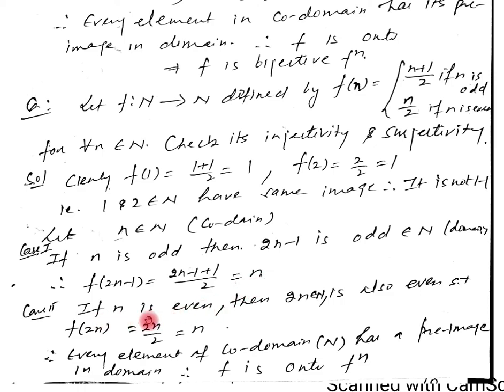So if n is even, then 2n is also even and f(2n) equals n. It means we have taken any arbitrary number and we have proved that every element of the codomain has a pre-image in the domain. So we can say the function is an onto function.